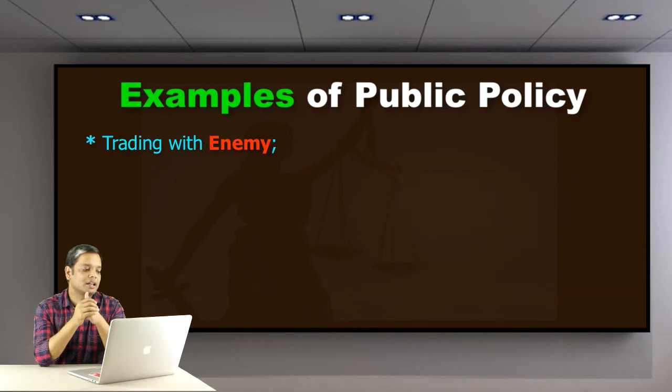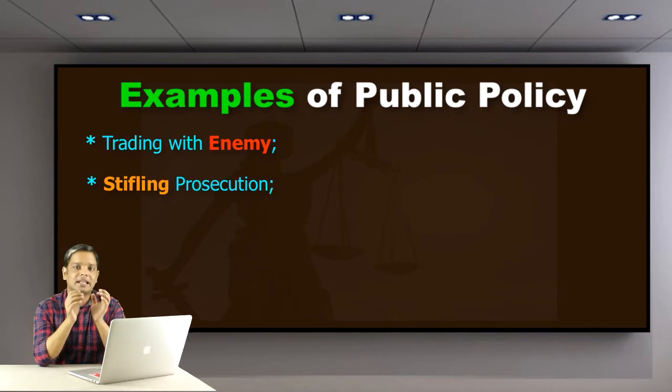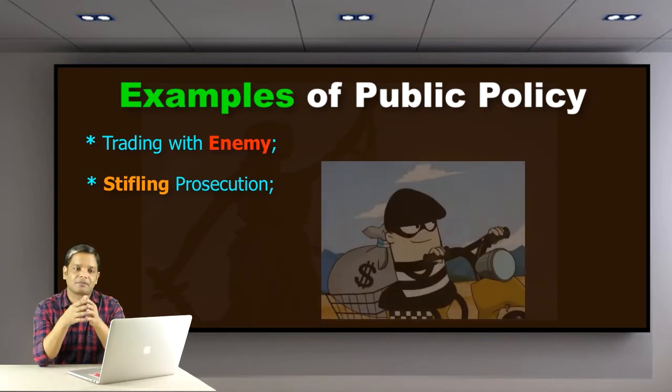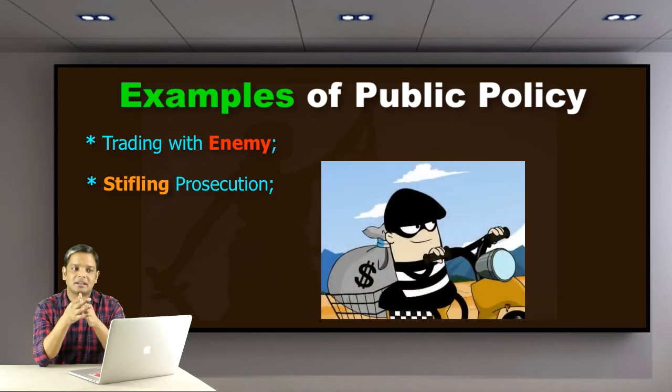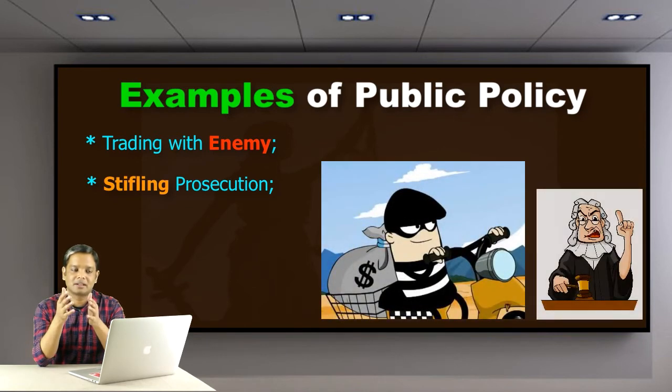The next one is stifling prosecution. It is an interesting point, and you need to understand it. Let's take an example. Suppose someone committed a crime, and after that he tells someone, if you do not prosecute me, I will pay you this much amount.